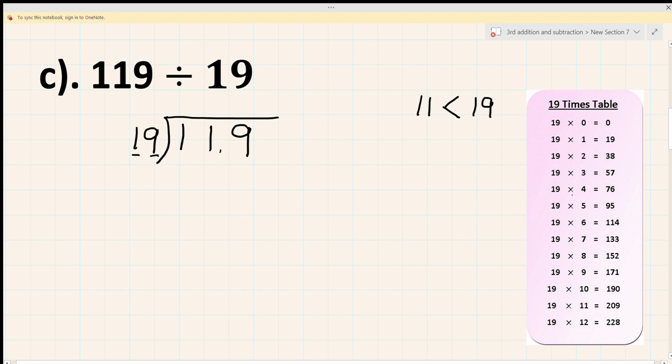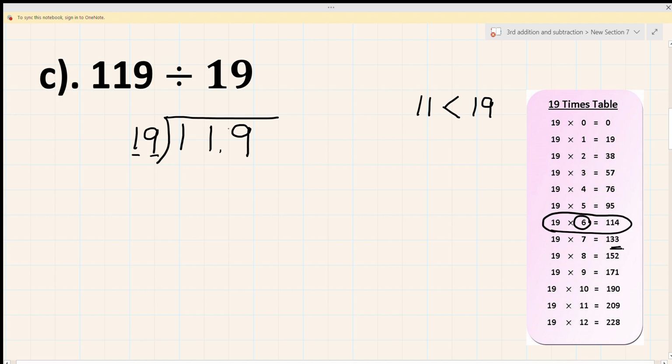19 5s are 95. 19 6s are 114. 19 7s are 133. So 133 is bigger than the dividend. So we have to take the product 114. In the 6th time we are getting 114.